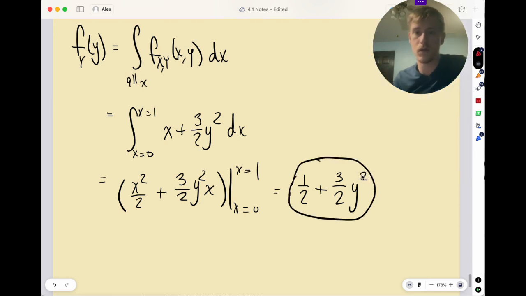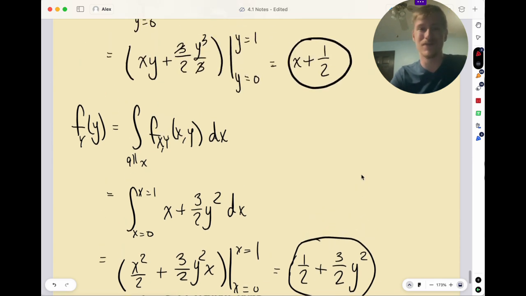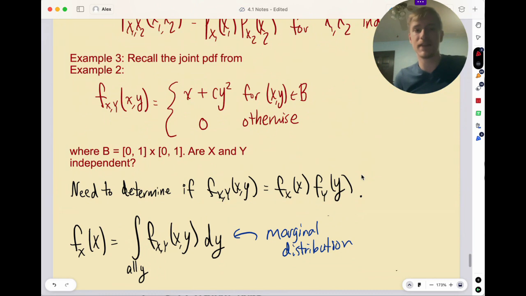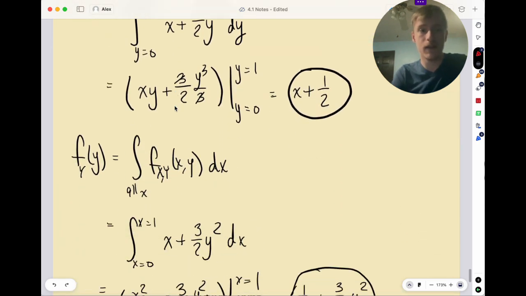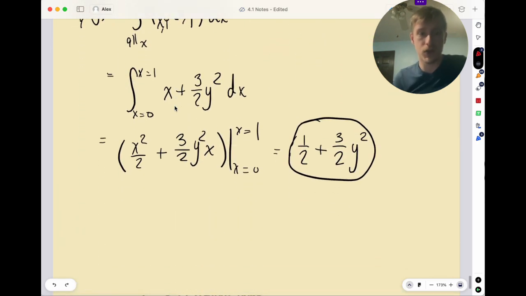So what do we think? Do we think x and y are independent? What does your gut tell you? If this is the joint PDF, do you think x and y are independent? No, and we just showed why. Remember that the joint PDF of x and y was equal to x plus 3/2 y squared.